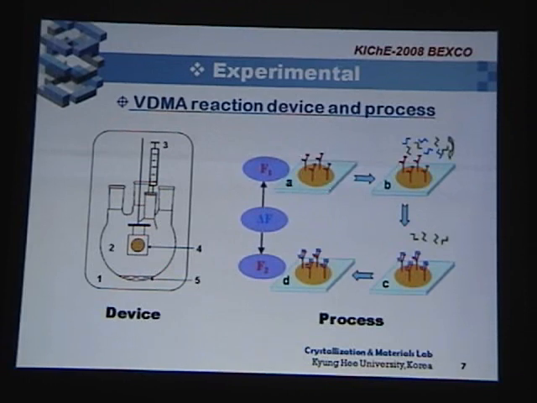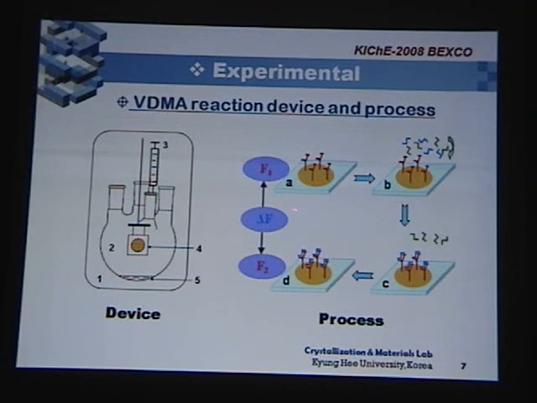And here shows the reaction process of this method. A is the Chiral Selector modified surface. B and C represent the solute molecules, L-mandelic acid and D-mandelic acid, diffusion and recognition reaction on the sensor surface. And D is the final assembled surface.